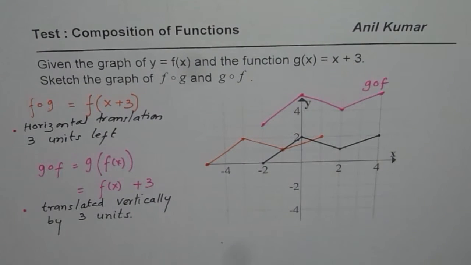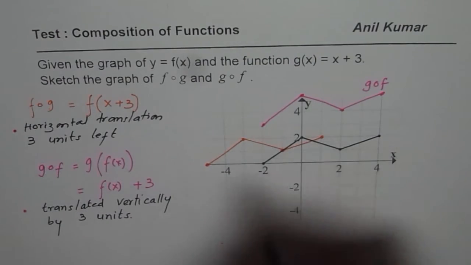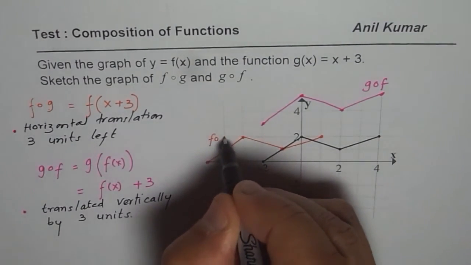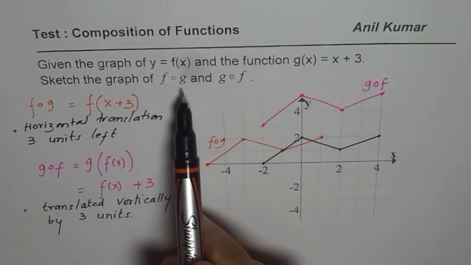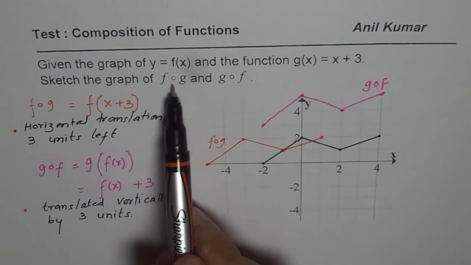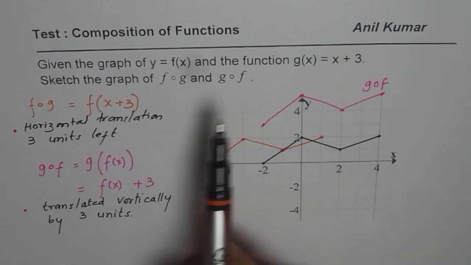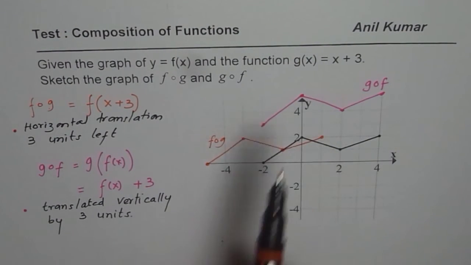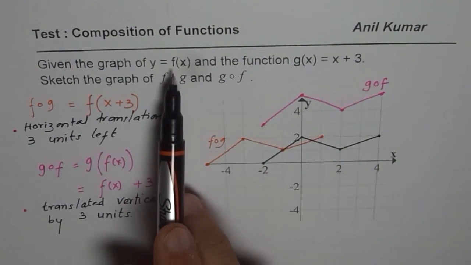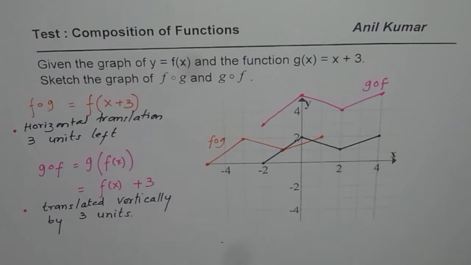So that is how the functions get transformed when we do composition of functions, right? So if I'm doing f of g, in that case all transformations are relating to horizontal, but if I do g of f, it relates to vertical with respect to f of x. You get the point. So that is the concept which you learn from here.